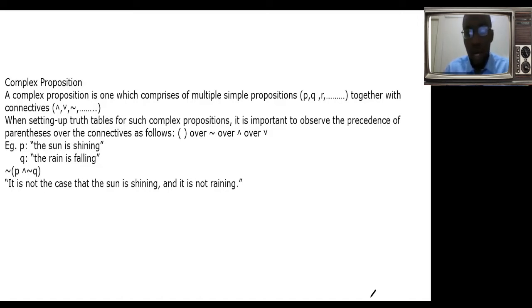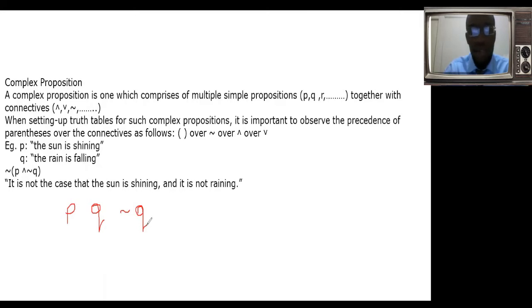Now let's say we were asked to find the truth table of this complex proposition. Let's do that. There are many things we'd have to write down. So we would need P, we would need Q, all right? Then we would need not Q. So how do I know what we need to form the truth table?